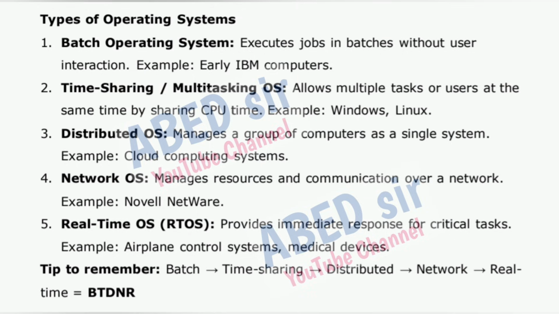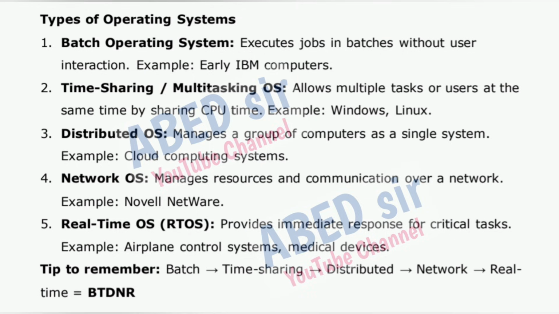Time-sharing multitasking OS, allows multiple tasks or users at the same time by sharing CPU time. Example, Windows, Linux. 3. Distributed OS, manages a group of computers as a single system. Example, cloud computing systems. 4.